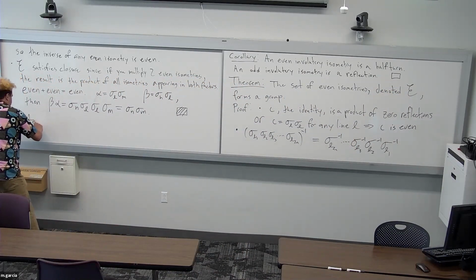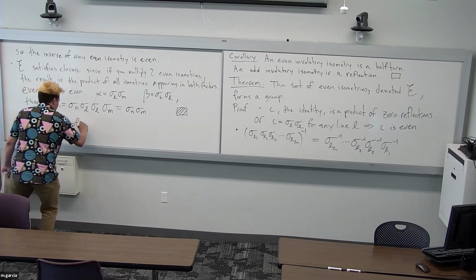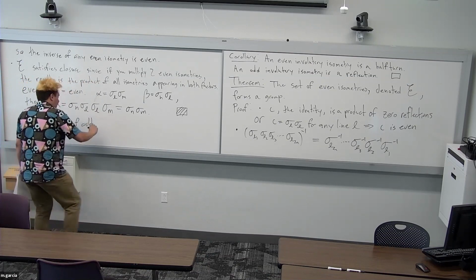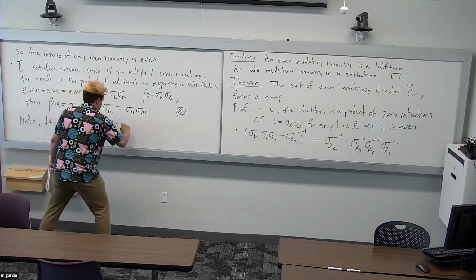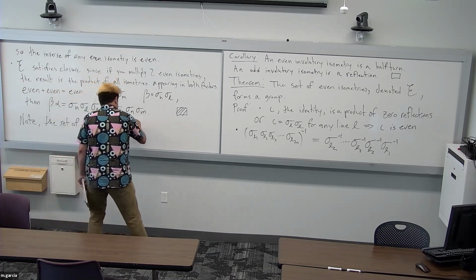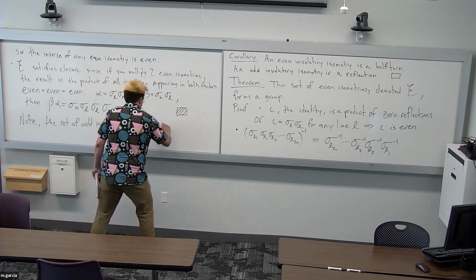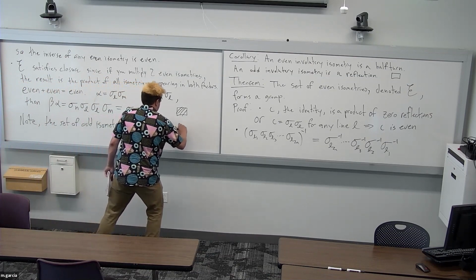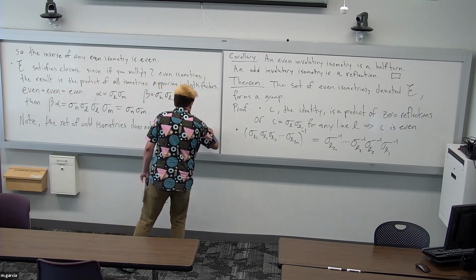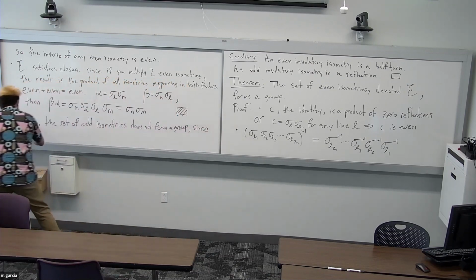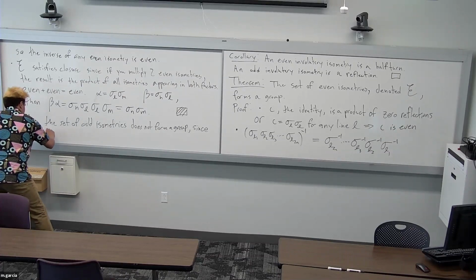Note, the set of odd isometries does not form a group since the identity iota is even.